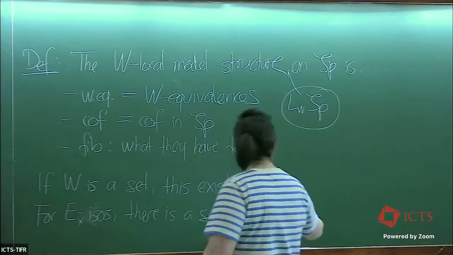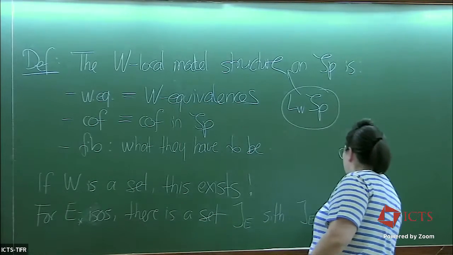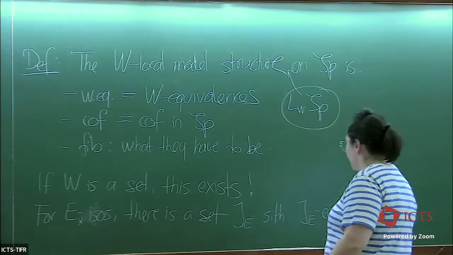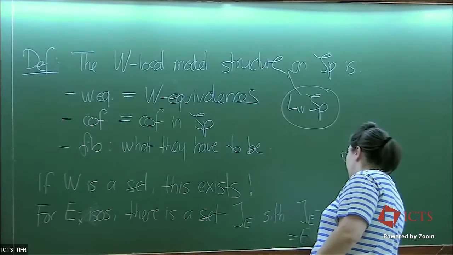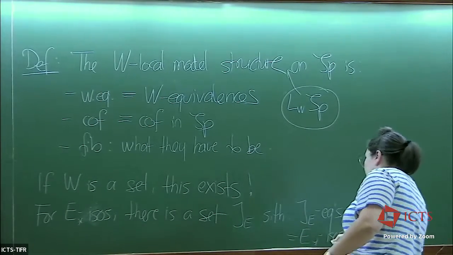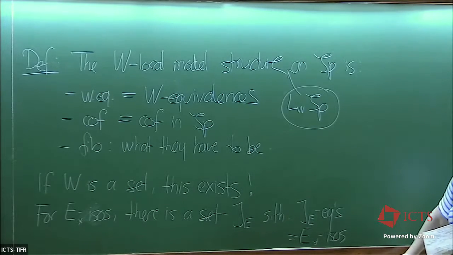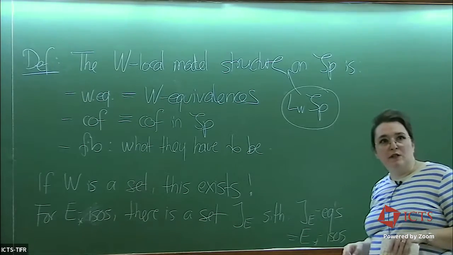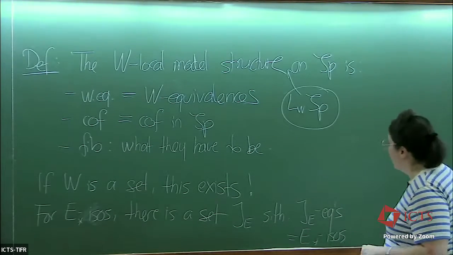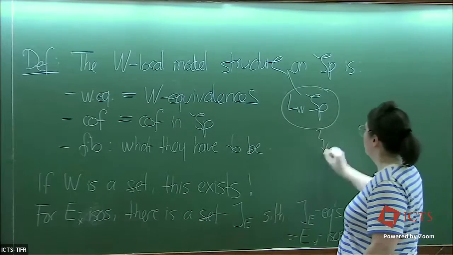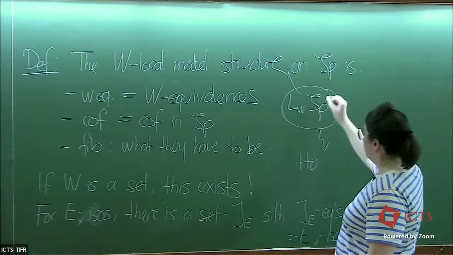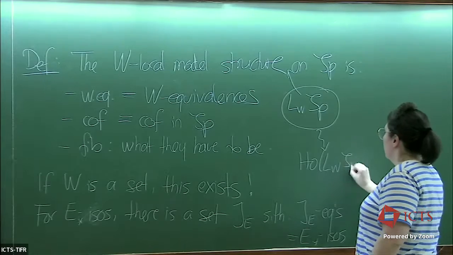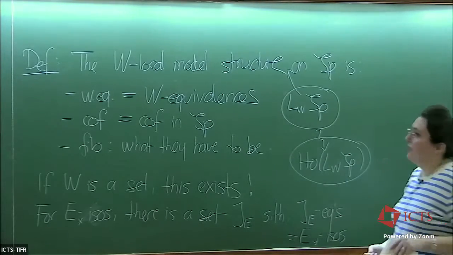the J_E equivalences are exactly the E star isomorphisms. So that is all good. So all the set theory has been done by people to make sure that we are also allowed to say what the E-local model structure on spectra would be, and therefore allowing us to form the E-local, or here in this case more generally, the W-local stable homotopy category.